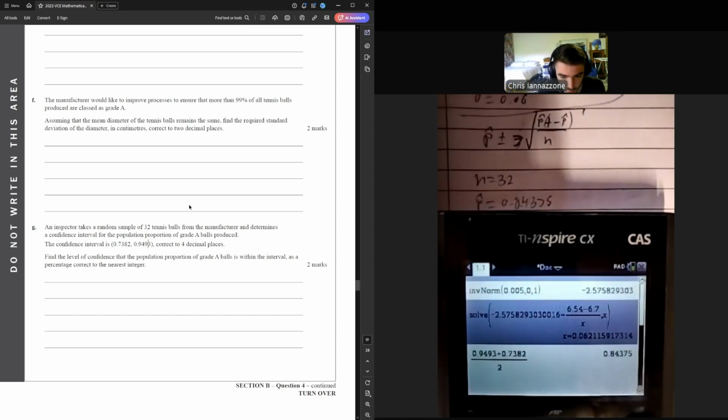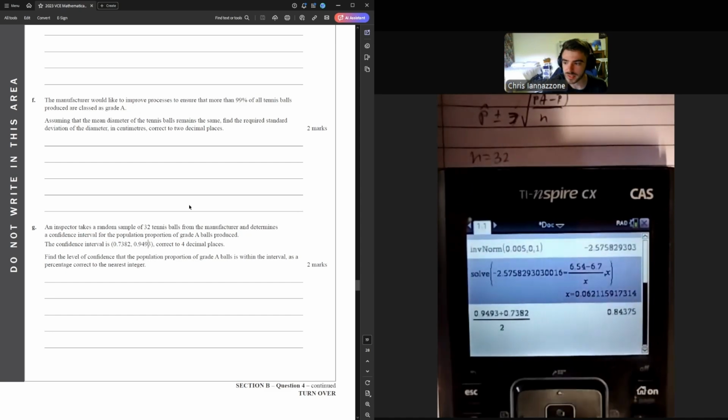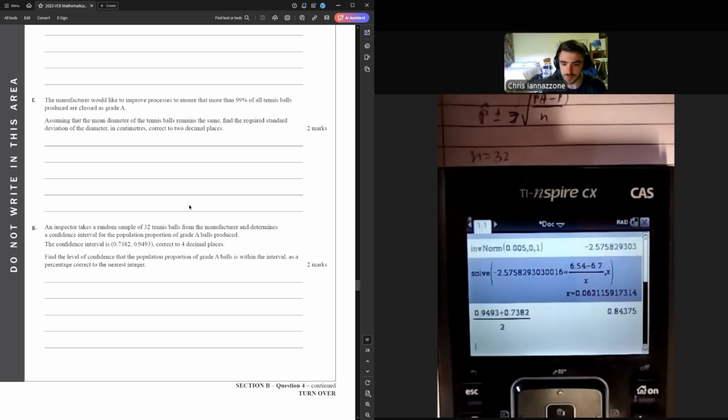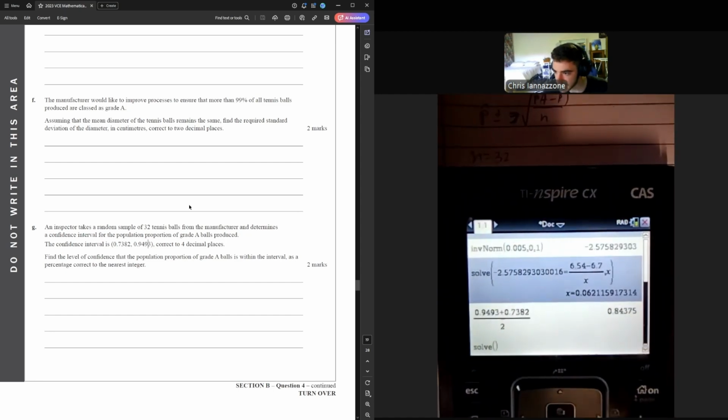Well, to do that, there's only one unknown there, so all we've got to do is pick either the lower bound or the upper bound to solve for what z could be. So let's achieve that. 3.1, let's say the lower bound.